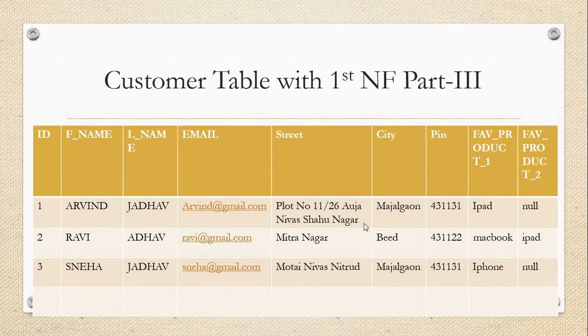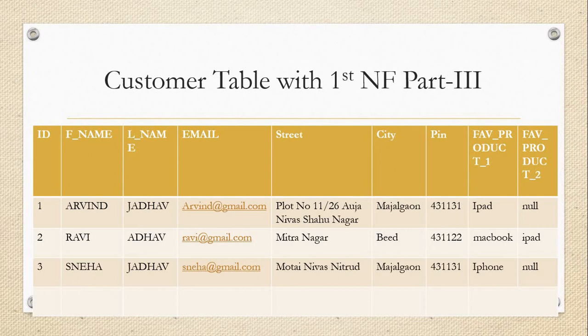But there is a problem. What is the problem? The problem of null values. When I try to retrieve favorite product number 2 of the user Arvind, we get a null value, and it can generate inconsistent data.